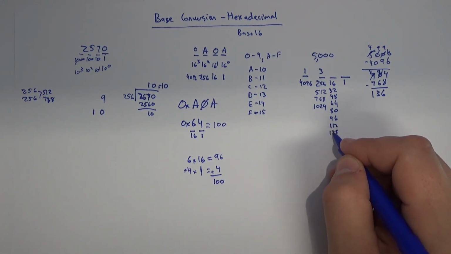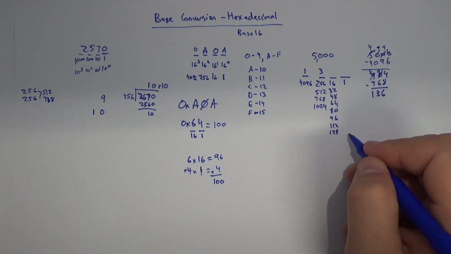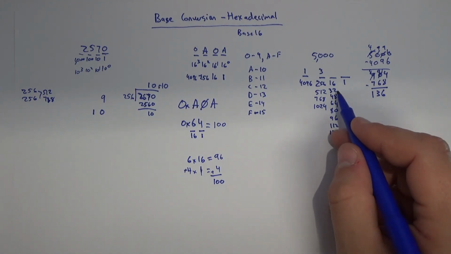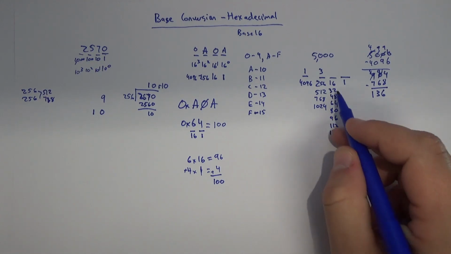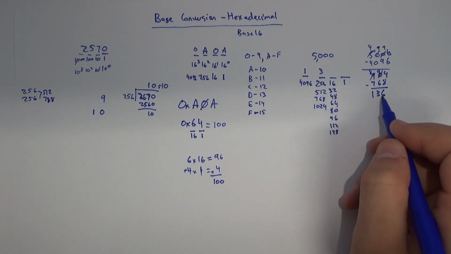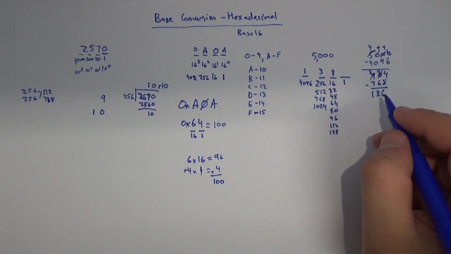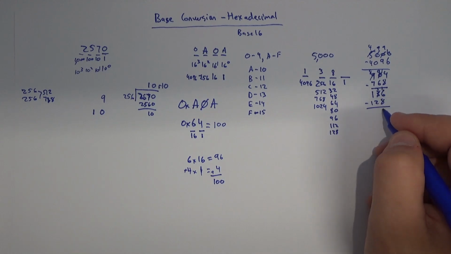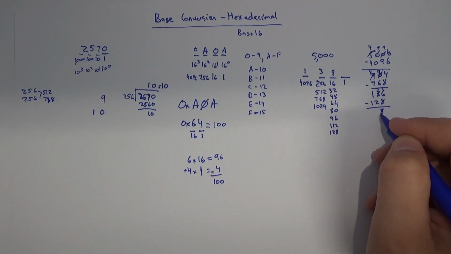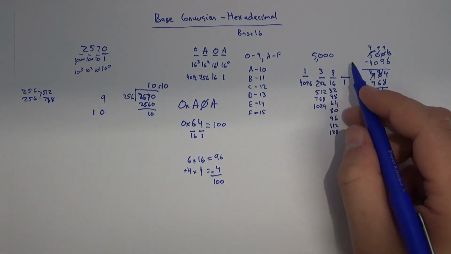This is 8, 128. And I'm not going to have another 16. So I have 1, 2, 3, 4, 5, 6, 7, 8. So 16 times 8 is 128. That's going to be my number there. So I'll subtract 128 from 136, which is 8. All right, and so that leaves me with 8.